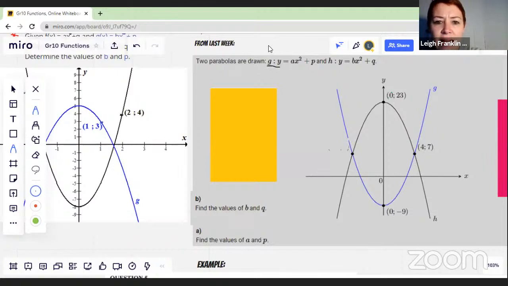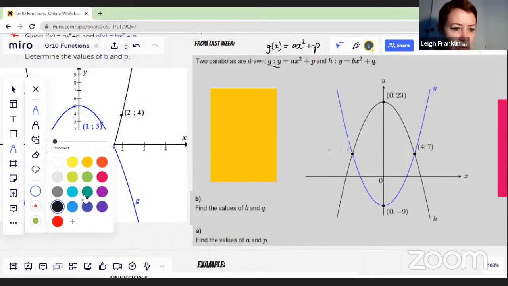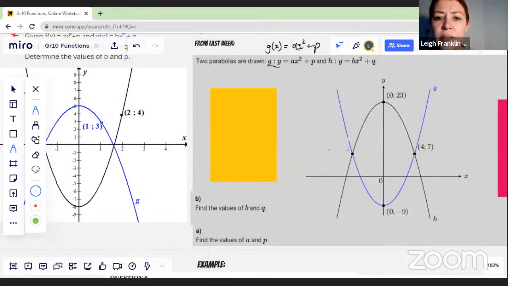It means exactly the same as g of x, so it equals ax squared plus p. What they want us to do is work out the value of a and the value of p. In order to solve the equation, we have to work out what the values of a and p are.